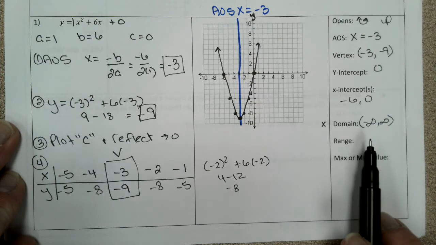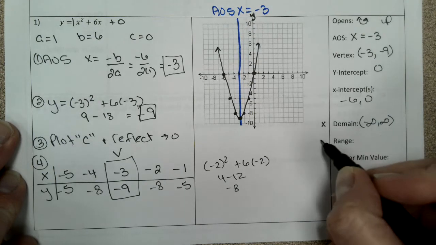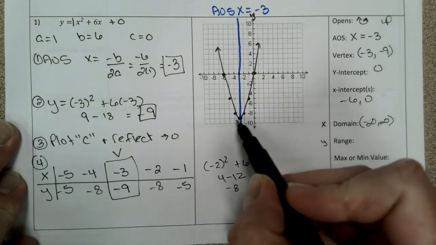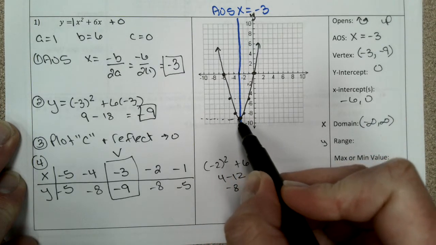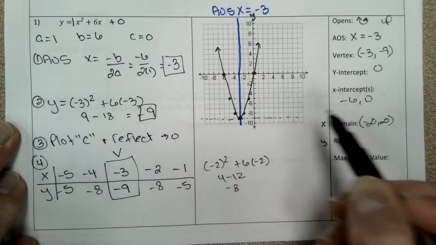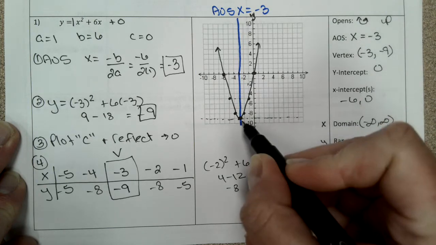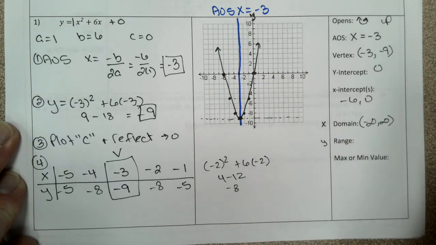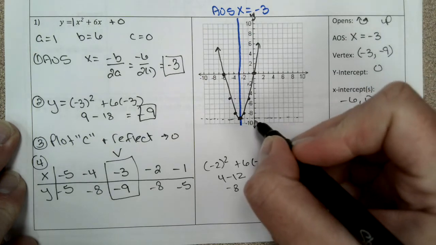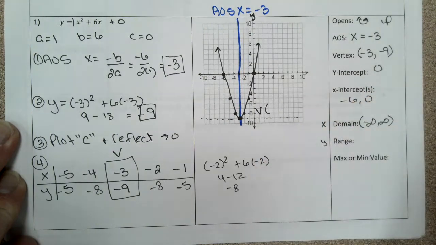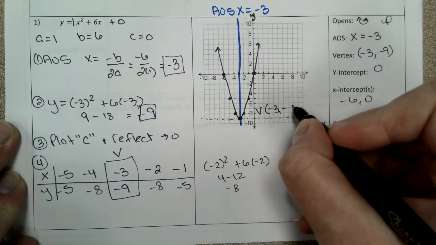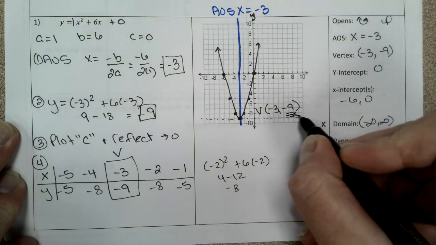Your range, what are the y values that you get out of it? So if you kind of make this dashed line, the vertex is either going to be your highest point or your lowest point. I have this vertex at (-3, -9).